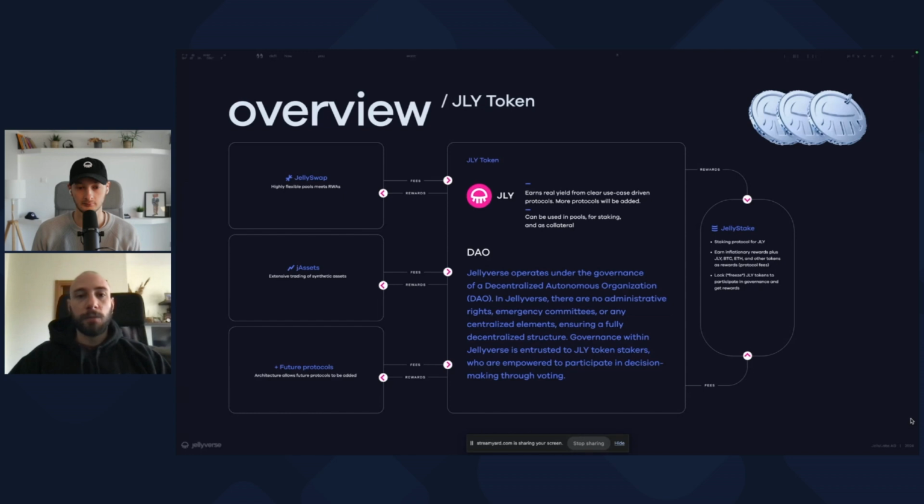And of course, the users of the protocols will also get a share of those fees from the usage of those protocols, and also will be incentivized by rewards in Jelly. So that is how the flow of Jelly and capital and decision making will work in Jellyverse.